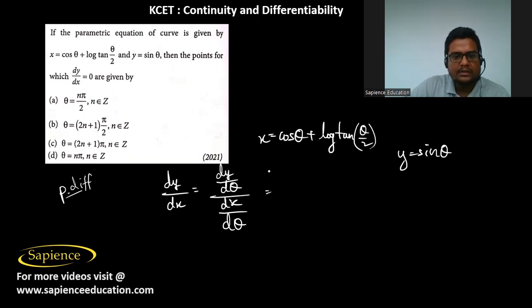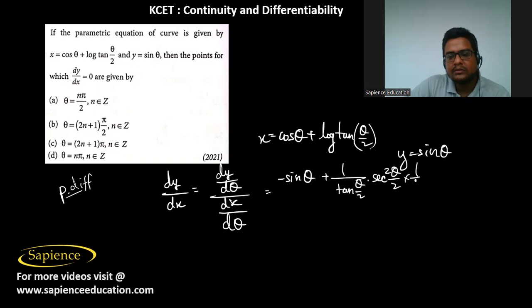So dx by d theta, that will be equal to minus sine theta plus 1 by tan theta by 2 into d by d theta of tan theta by 2, which is secant square theta by 2 into 1 by 2.